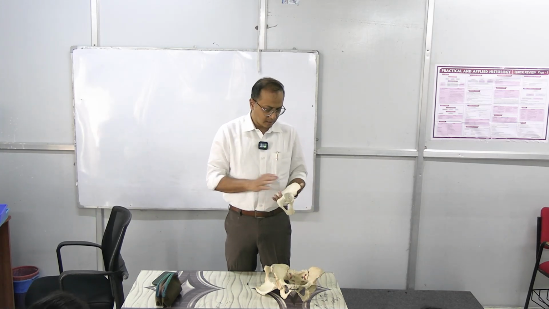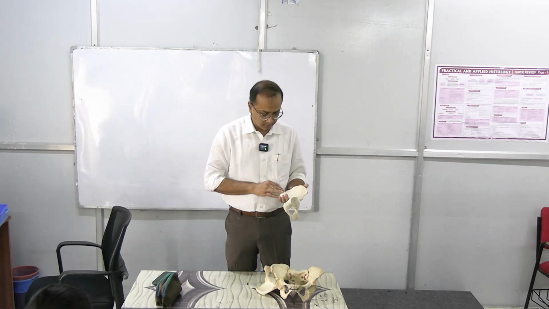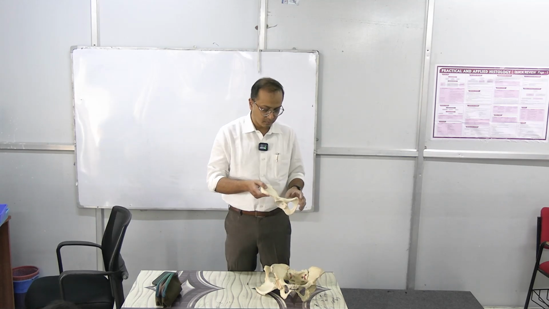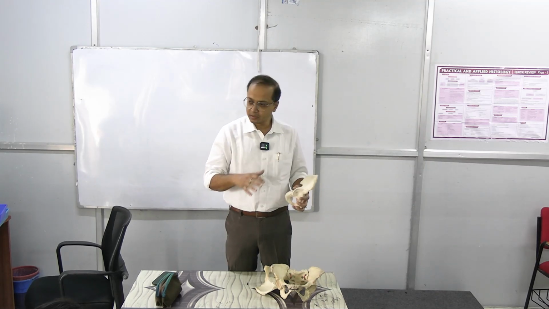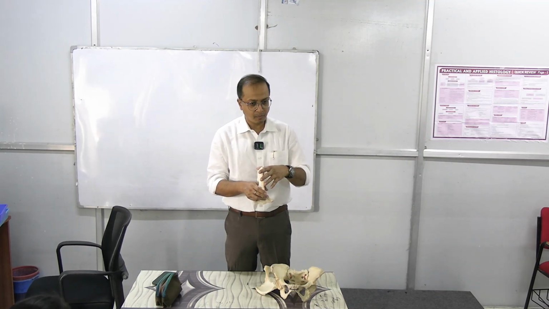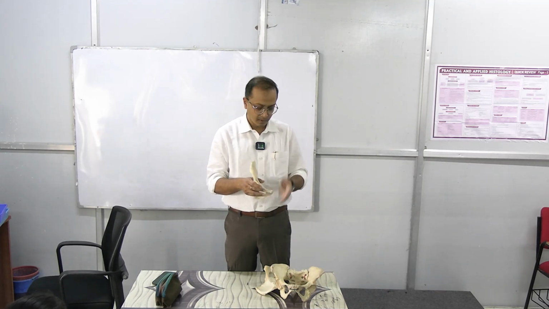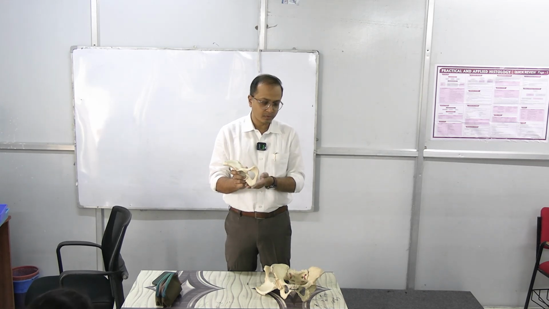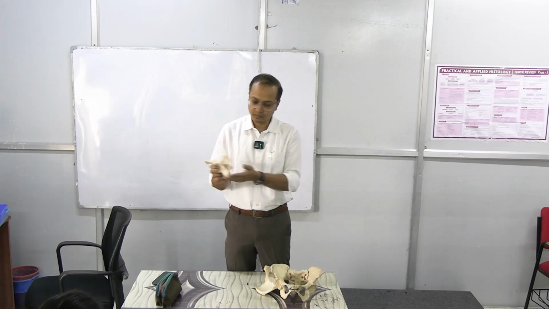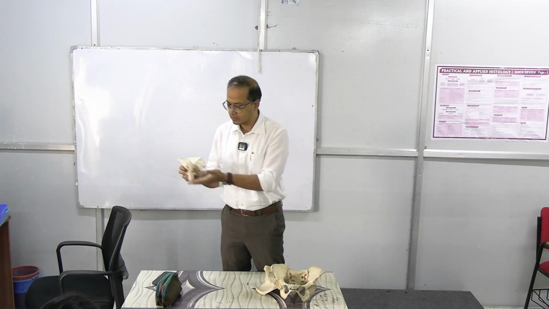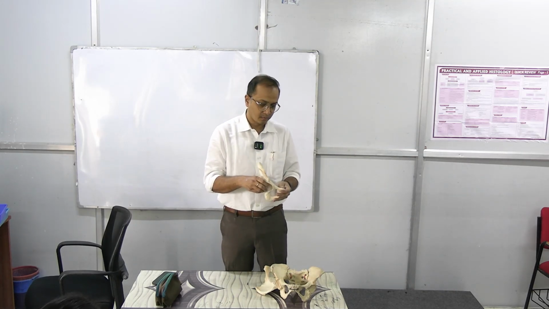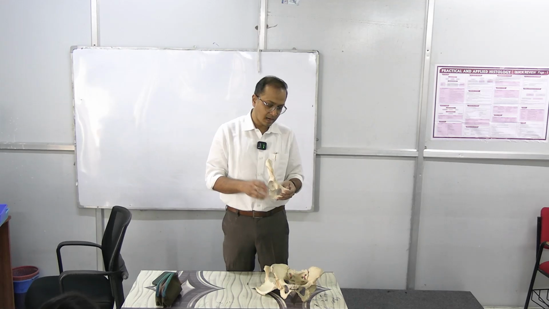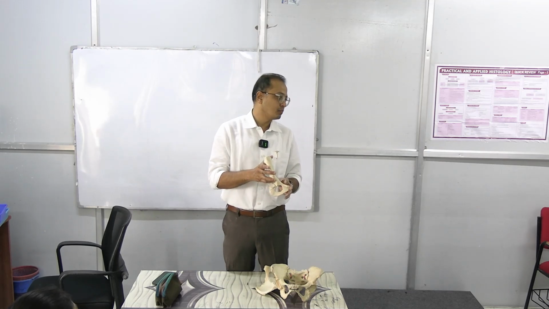Now coming to the anatomical positions, then again we will come back to this particular point. Whenever you are holding the bone, you have to know which is above and which is down. This expanded part, the ilium bone, is above, and down is this particular point, which we call the ischial tuberosity, projected below, and this one is projected above. Once above and below are decided, we have to know anterior and posterior.